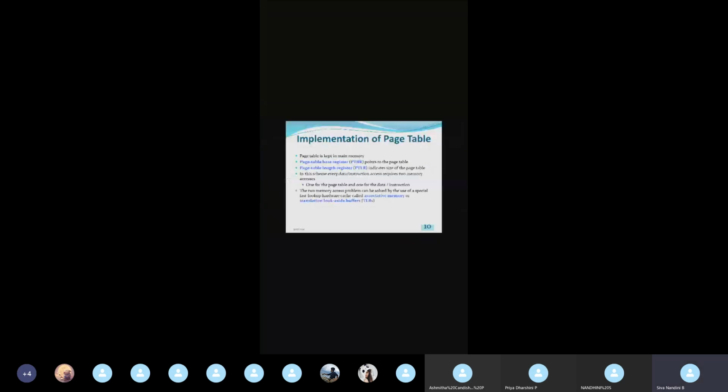So we need to check the page table and then go to the physical memory. Likewise, we need two memory accesses, where memory access means read or write. We have to read the corresponding page table content first, and then after looking at the frame number, we go to the physical memory.